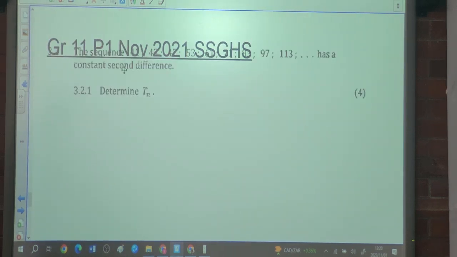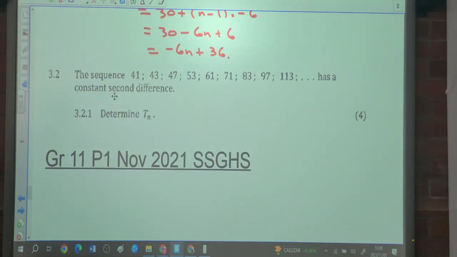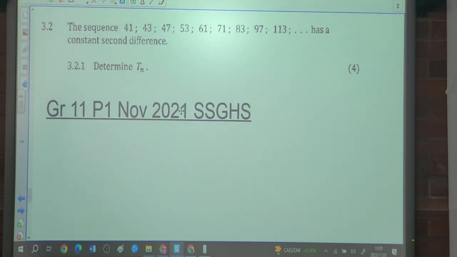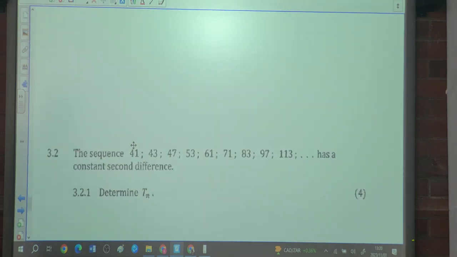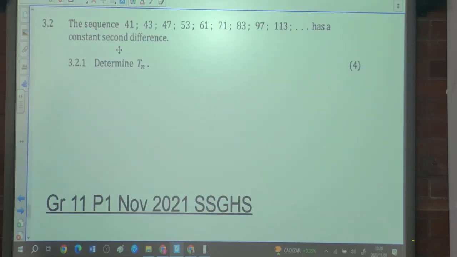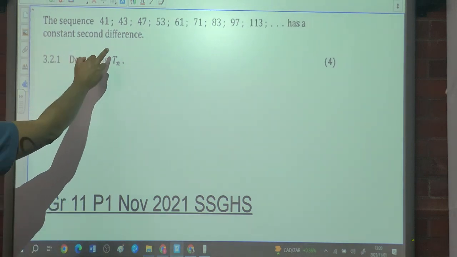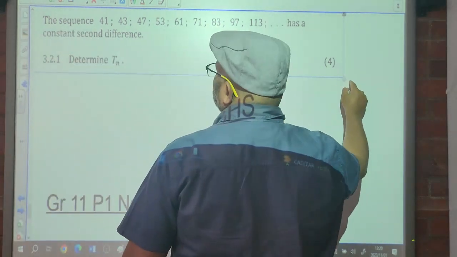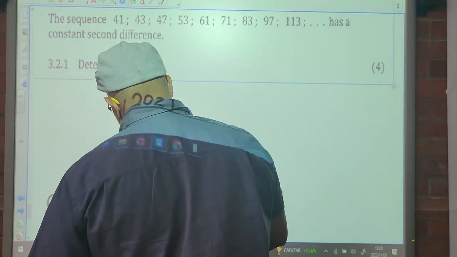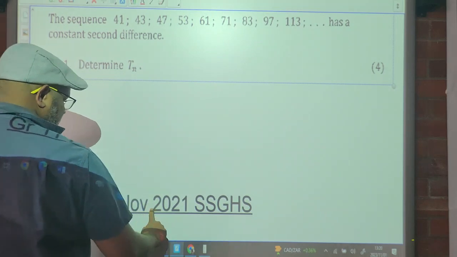The second sequence: 41, 43, 47, 53, 61 and so on has a constant second difference. So if something has a constant second difference, what do we know?